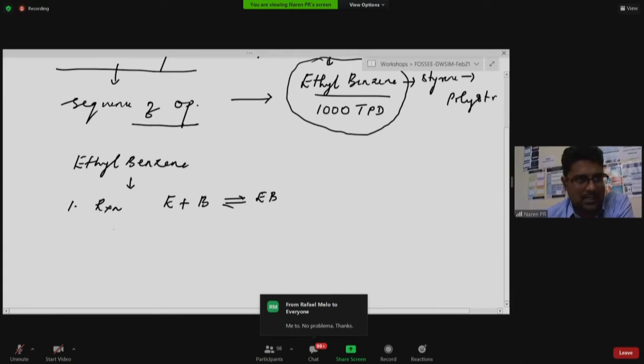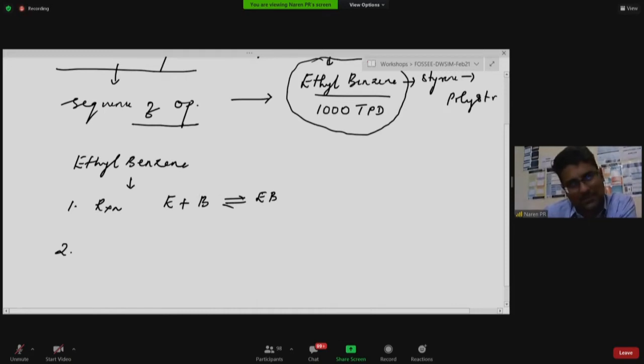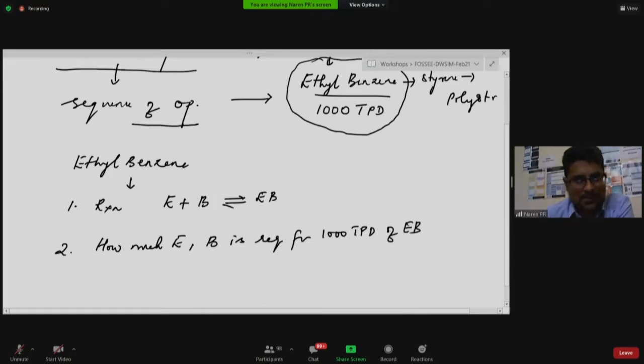That's it. Now the next question will be, if I have these two reactants and if I make them react, I will get ethyl benzene. That's fairly straightforward. Now what is the next point then? That means how much ethylene and benzene is required to make 1,000 tons per day of ethyl benzene.